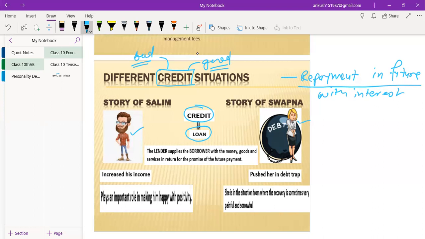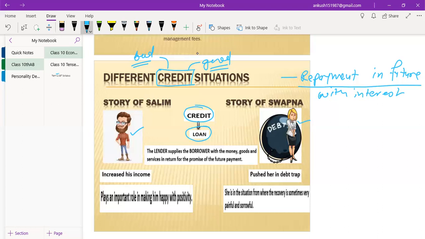So the credit agreements can differ in different situations of lending and borrowing. While lending money, there are many terms and conditions that the borrower has to fulfill, or the bank would see if the person who is borrowing the loan or credit is able to repay or not. Understood? Have you got the point?